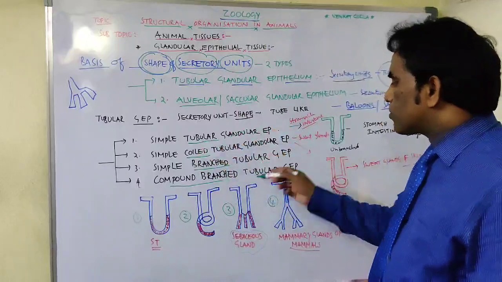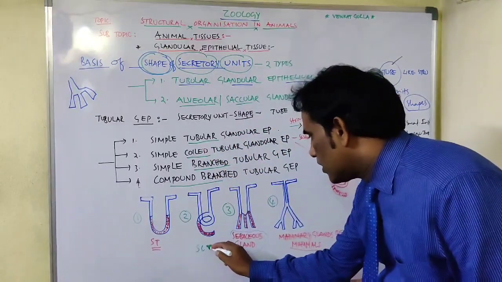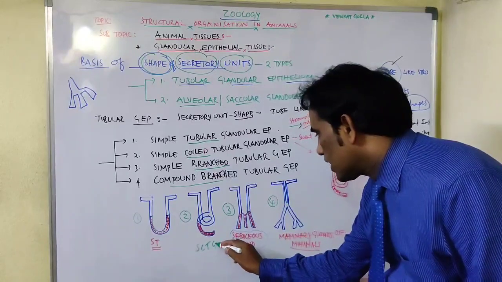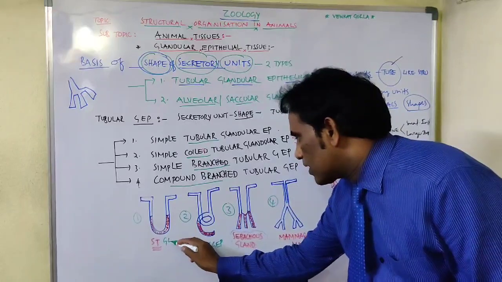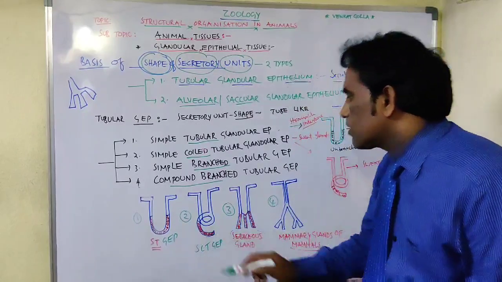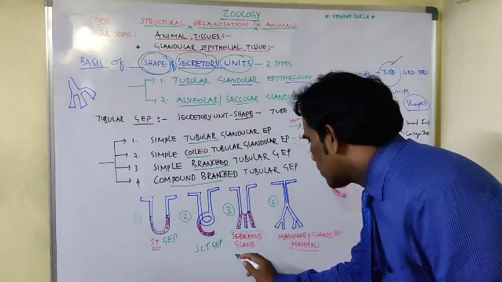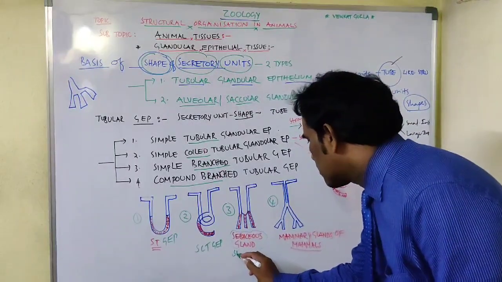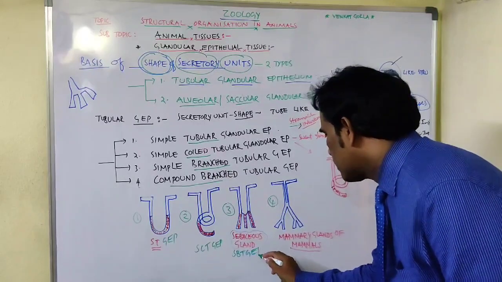And simple coil tubular. This is called simple coil tubular glandular epithelium. Its location is in the sweat glands of skin. And the other one is simple branched tubular glandular epithelium.